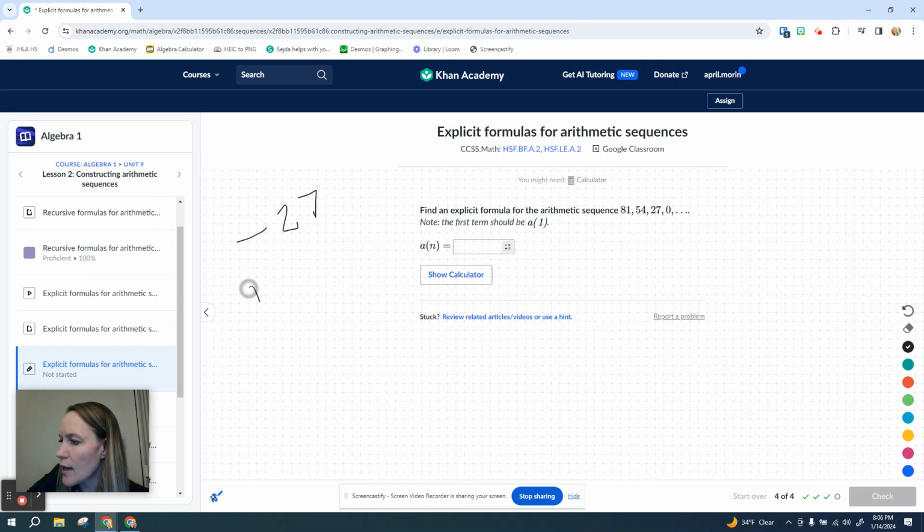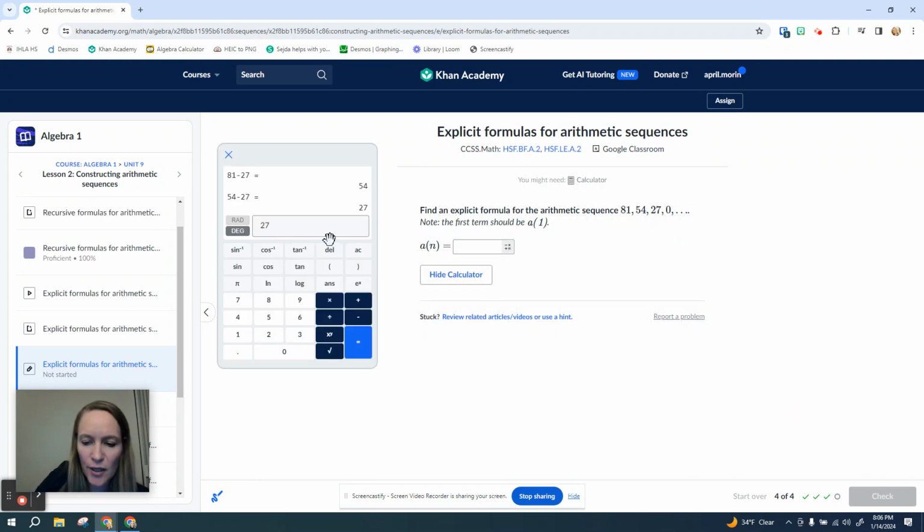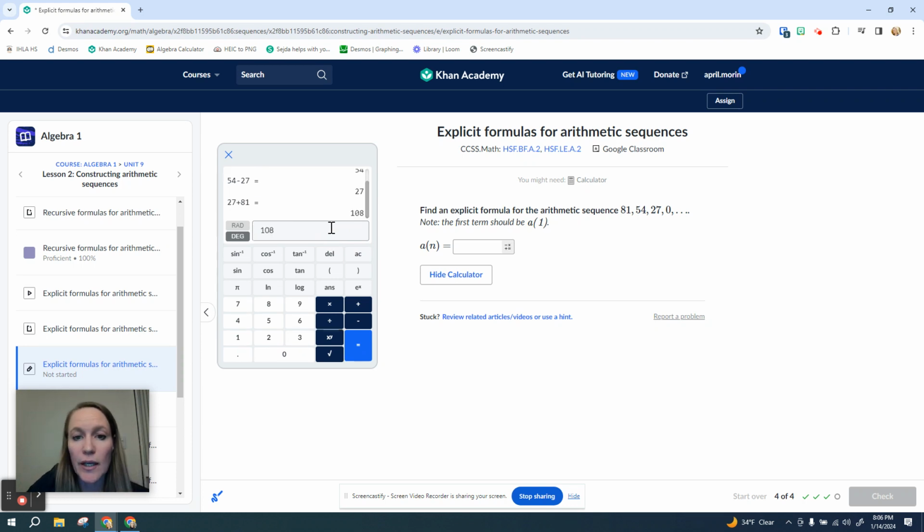So if I do a of n times, but I have to start at 81. So I want to do 81. Well, if we start above 81, I wonder if we can do that. 81, let's see, 27 plus 81 is 108.